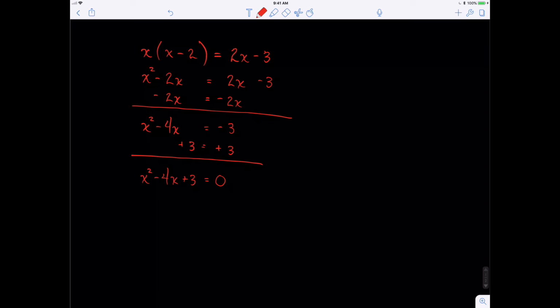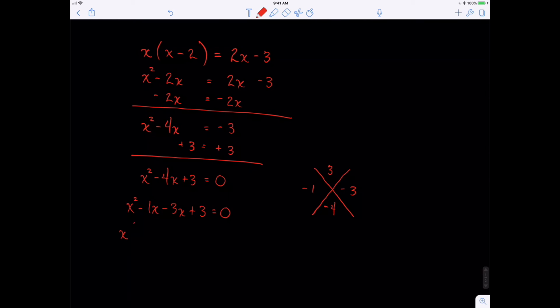And you can solve this using the quadratic formula. You could complete the square, or this one I think will factor. If I factor it, I would have 1 times 3 and a negative 4. Oh, look, if I used negative 1 and negative 3. So I could factor this into x squared minus 1x minus 3x plus 3 equals 0.